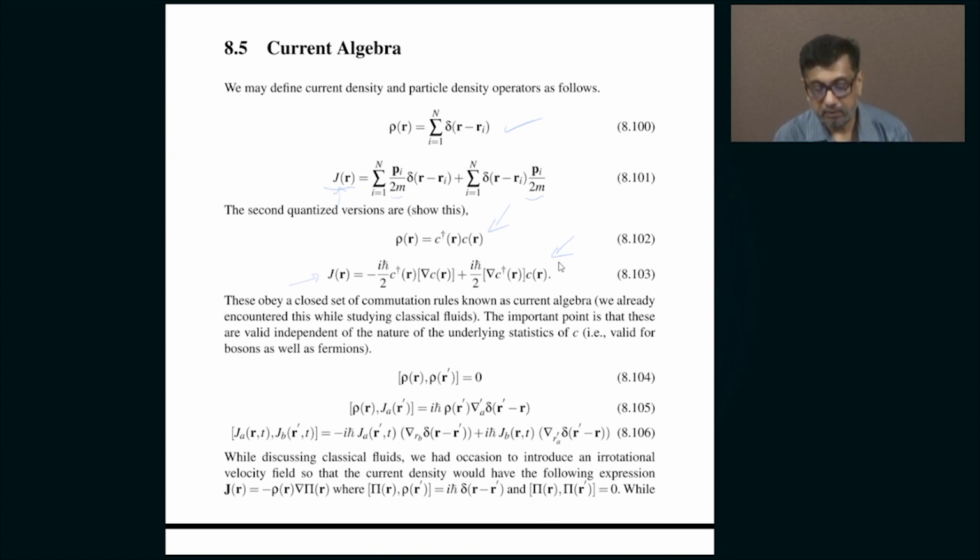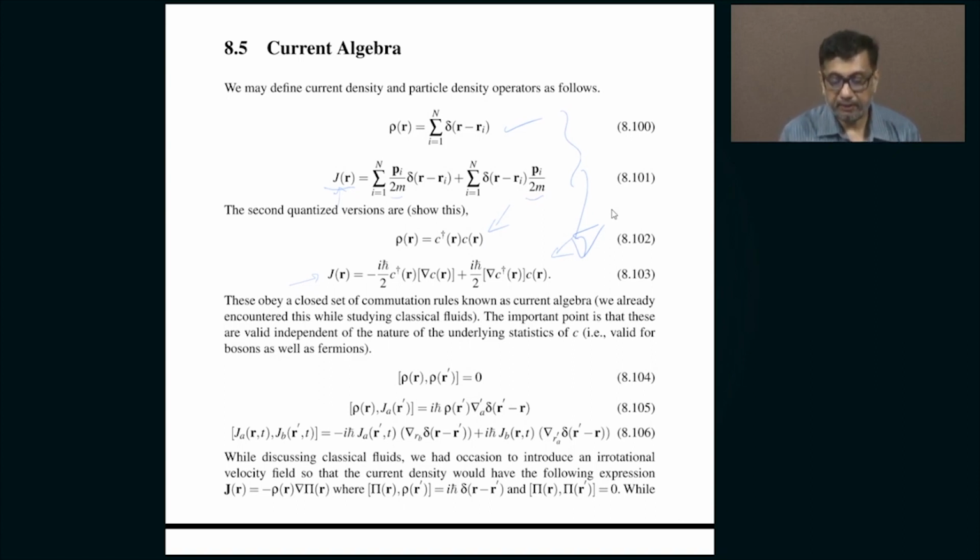So, this is one such situation where you will have to really convince yourself that going from here to here makes sense. You already have the tools to do that, because just a while back I told you how to rewrite the Hamiltonian in terms of creation and annihilation operators, and it is the same procedure. So, you will have to rewrite the densities and currents expressed in terms of position and momentum in terms of creation and annihilation operators.